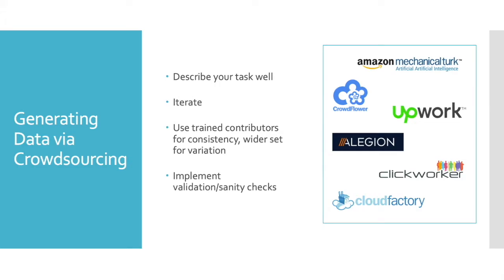It's also important to implement validation or sanity checks. Sometimes people, especially on these more open platforms, will try to complete a task as quickly as possible. So they'll just do things like keyboard mashing or enter all single characters like all A's, or just leave some data fields blank. So you can target workers with better ratings to try to mitigate this problem, but even then it's important to implement some validation checks.